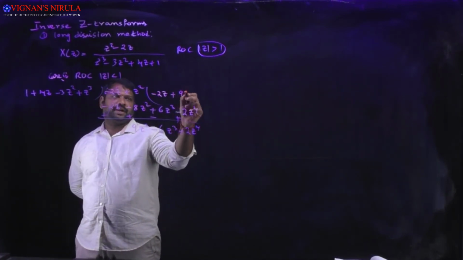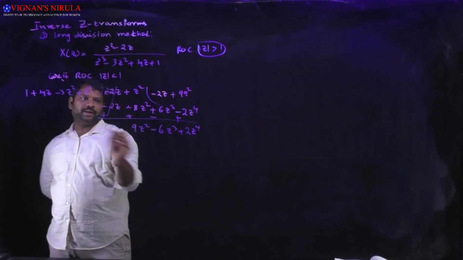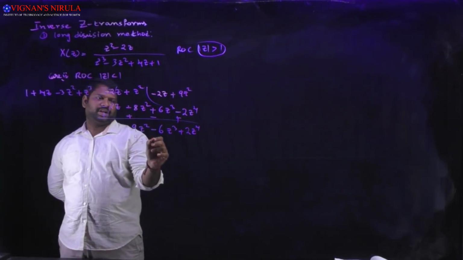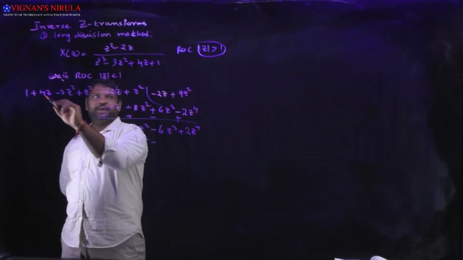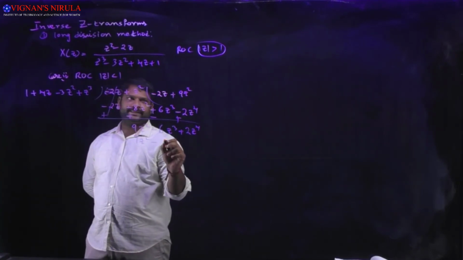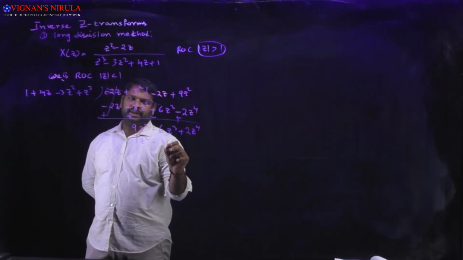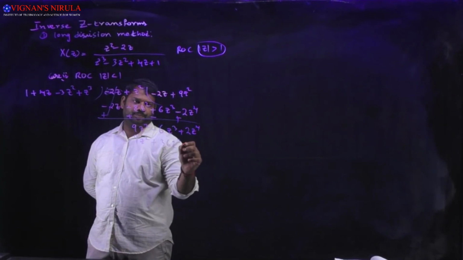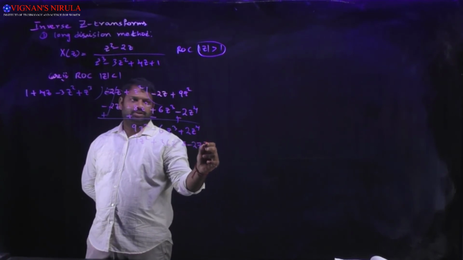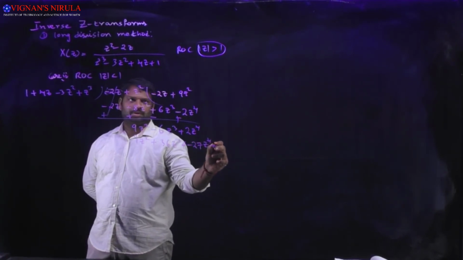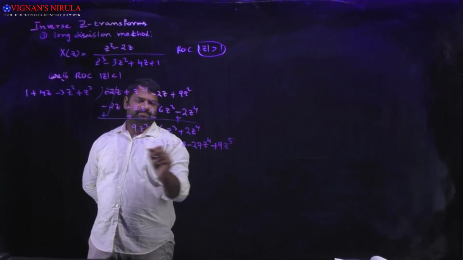Then multiply the 9z square into 1, 9z square. 9 into 4, this is 36z cube. Next minus 27z power 4 plus 9z power 5.